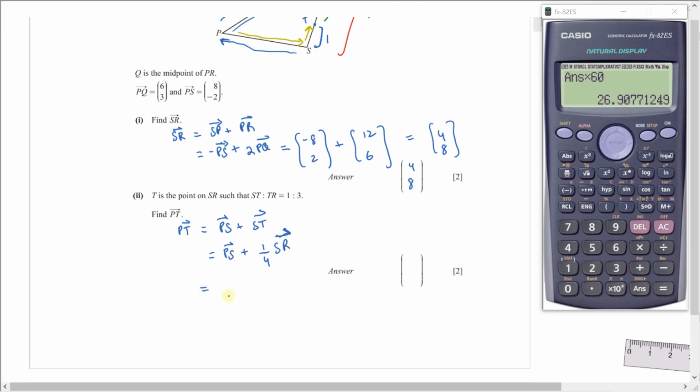PS is 8 minus 2 plus 1/4 of SR. If I take this 1/4 inside, 4 divided by 4 will be 1, 8 divided by 4 will be 2. So 8 plus 1 is 9, 2 minus 2 will be 0. So PT will be (9, 0).